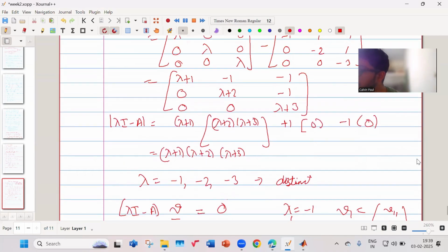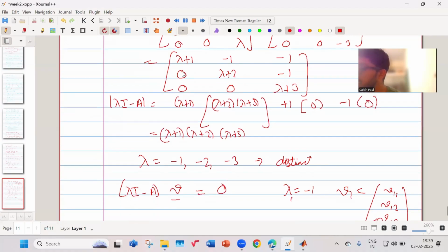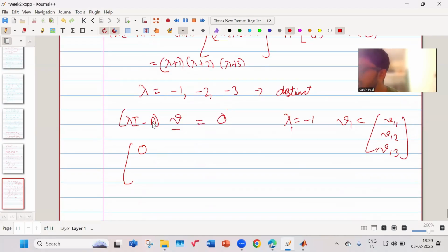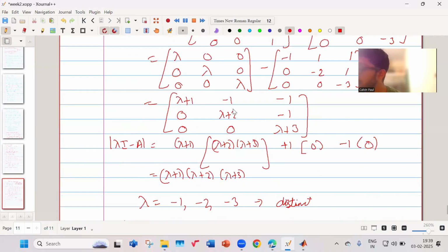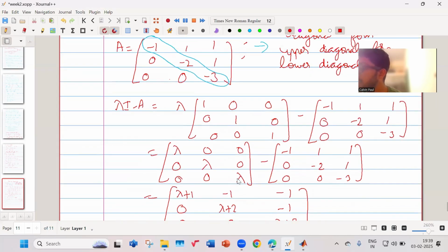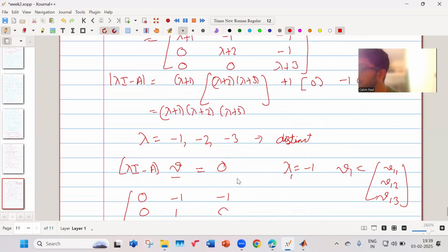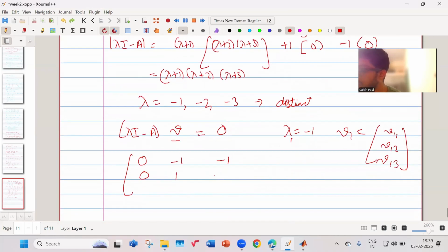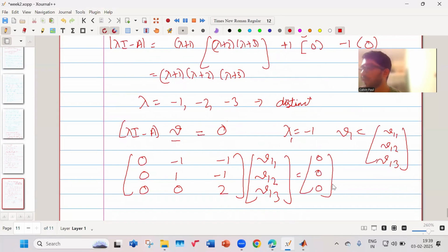So if you put minus 1 over here, we get 0, minus 1, minus 1; then 0, lambda plus 2 is 1, minus 1; then 0, 0, lambda plus 3, which is minus 1 plus 3, so 2. Multiplying by v11, v12, v13 should be equal to 0, 0, 0.